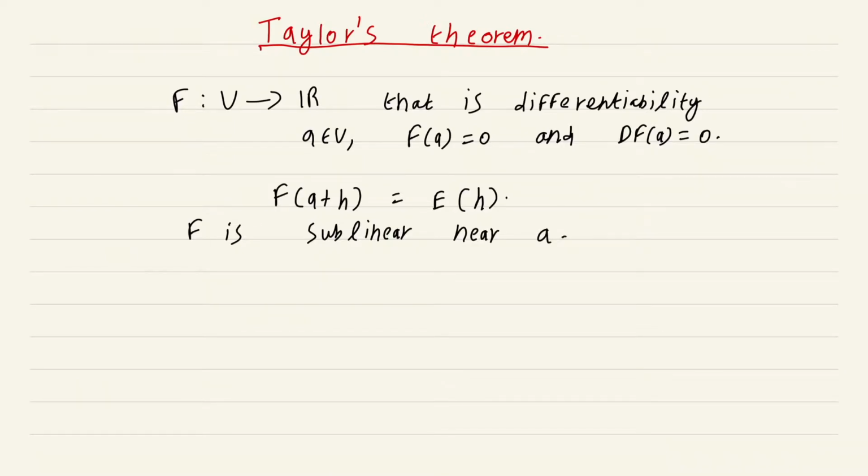Now the aim is to show that if not only the first derivative vanishes, but the higher derivatives also vanish, then the function goes to 0 near the point a really fast. That is captured in the next proposition.